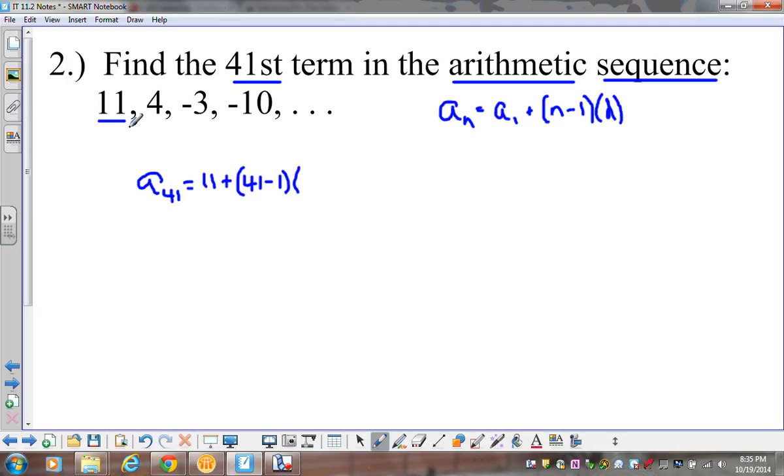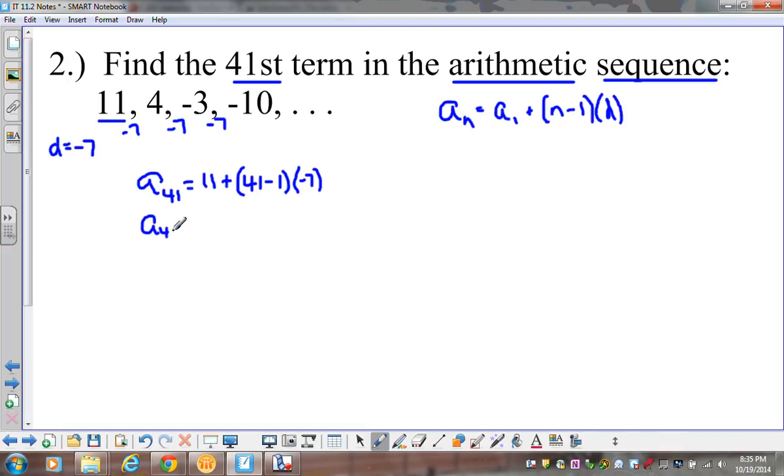How do I get from 11 to 4? I subtract 7. From 4 to negative 3, I subtract 7, and so on. So my common difference is negative 7.